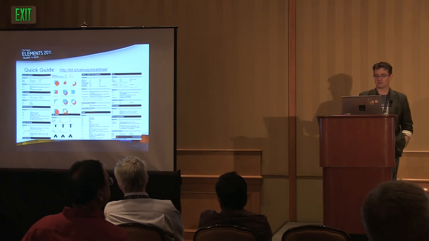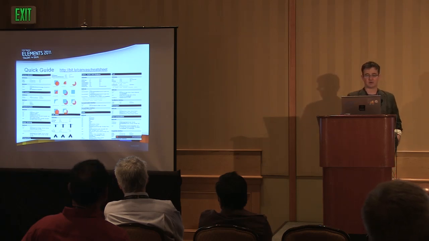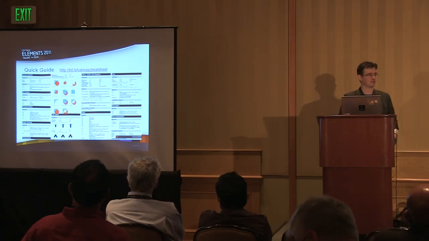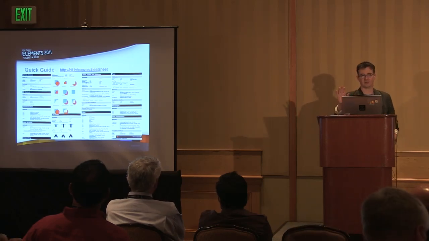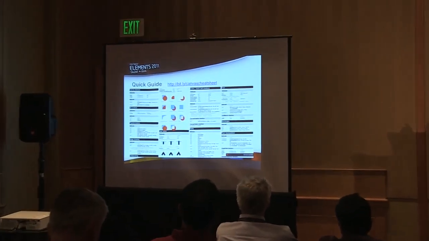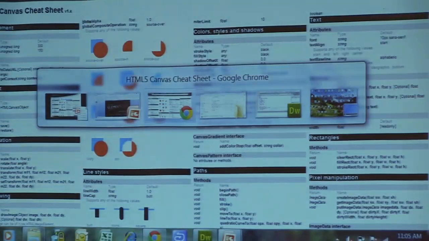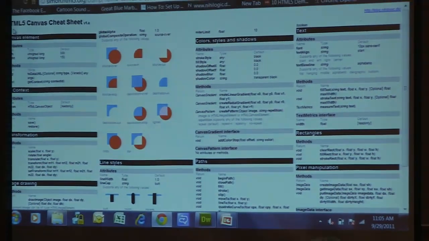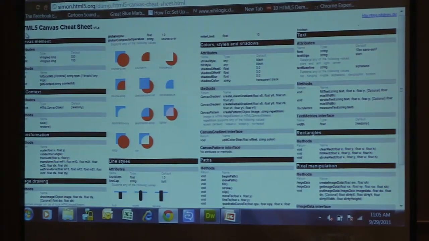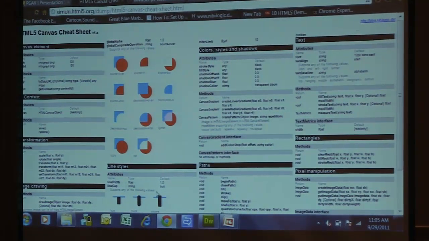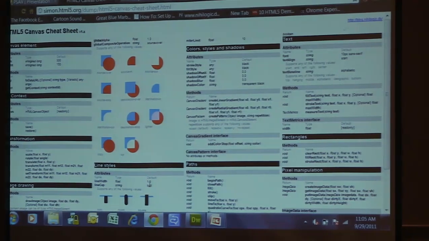Another thing to check out is this page, the bit.ly Canvas cheat sheet. This is a cheat sheet that gives you a quick glance of all the commands that you would use for coding in Canvas. So let me go to this real quick. That might be a little easier to see. If you want to do something like drawing a line, its line width, and then the point size.